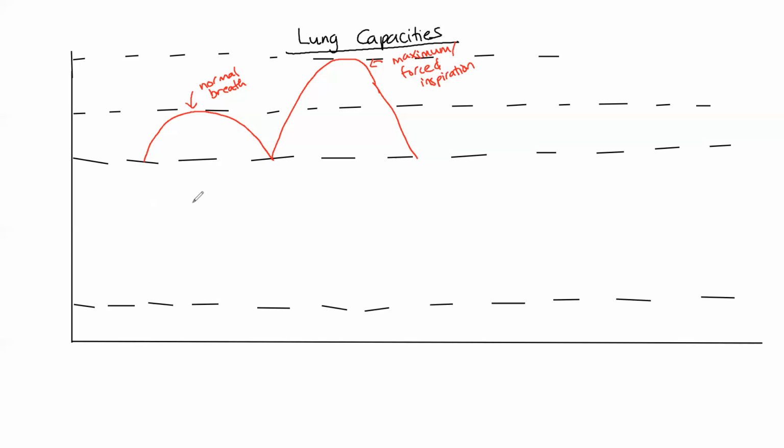Based on that, we are going to add our tidal volume to our inspiratory reserve, and that is our inspiratory capacity. So our inspiratory reserve, which is this, our tidal volume, which is this, and we combine those two as our inspiratory capacity. So IRV plus tidal volume, and then both of these is our inspiratory capacity.